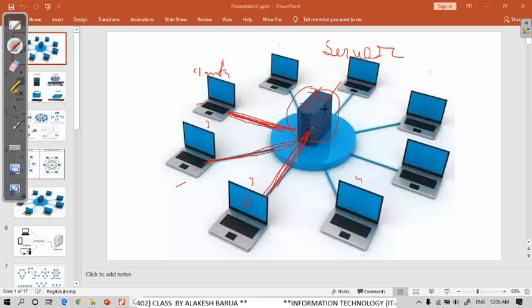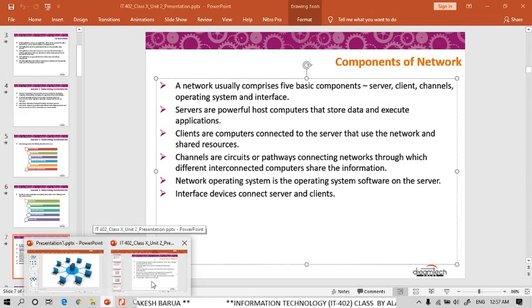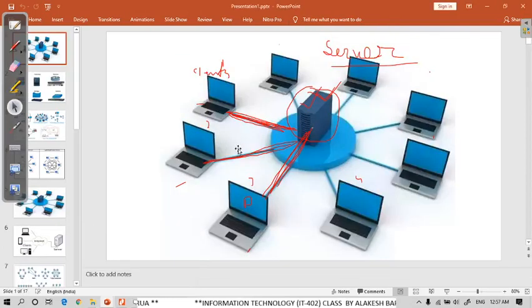And since the server has to serve not only one computer but all the computers that are connected in a network, the server needs to be powerful. So this is a server, and the computers that are connected are known as clients. That is the client-server model of networking. Then come the channels. See, the wires that connect the server to the clients are known as channels.